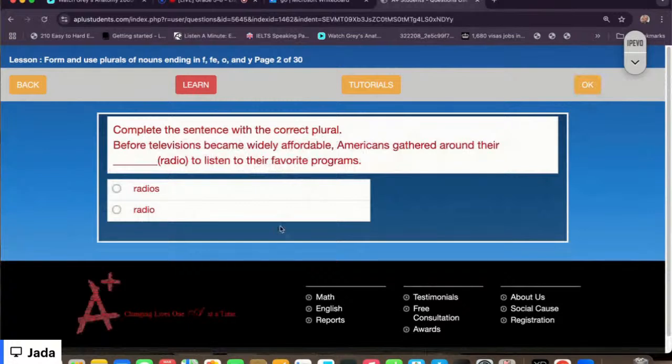So, what is the correct plural here? Alright, so radios.